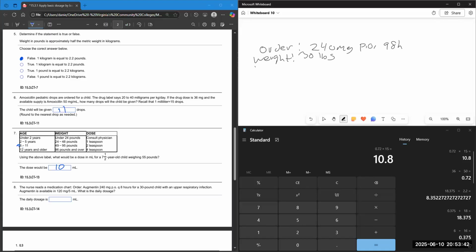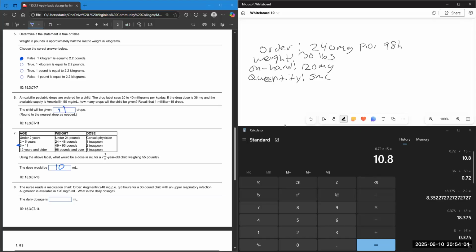Augmentin is available at 120 milligrams per teaspoon or per 5 milliliters. We want an answer in milliliters.